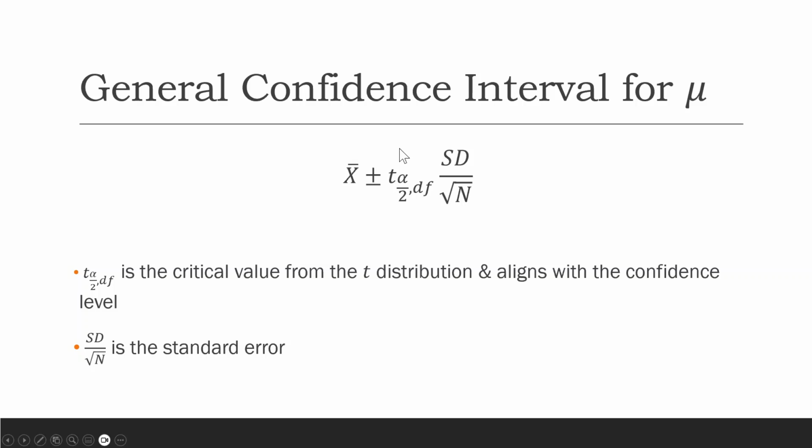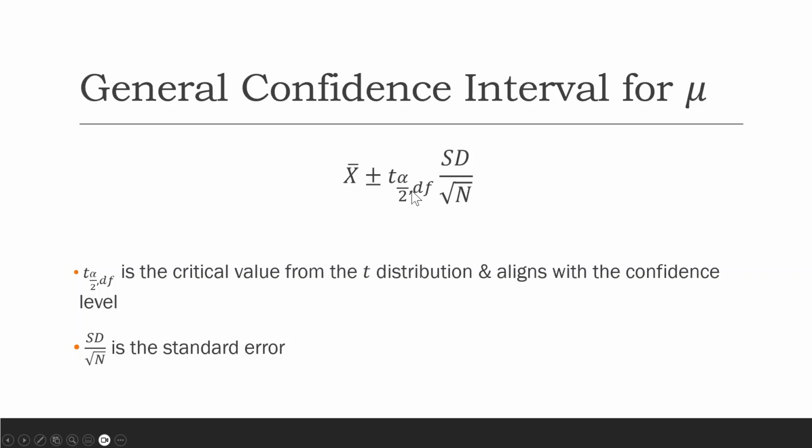And well, 1 minus 0.95 is 0.05, and 0.05 divided by 2 was that 0.025 that allowed me to find that point, the 1.96 and that negative 1.96. So we're basically taking 1 minus the confidence level and dividing it by 2. That's the alpha over 2 there.